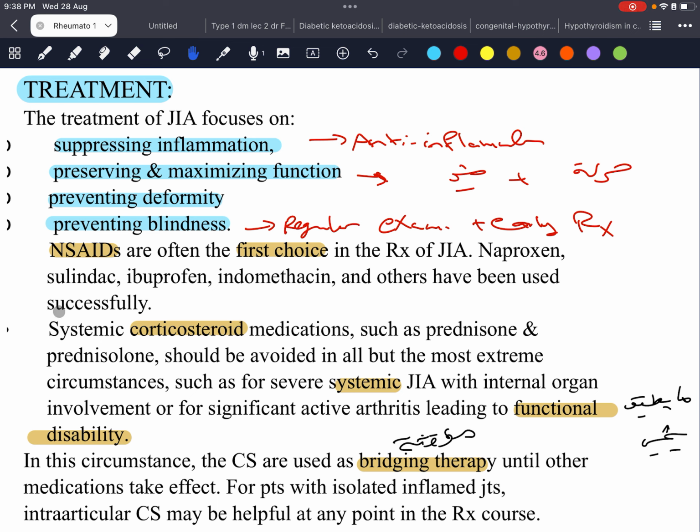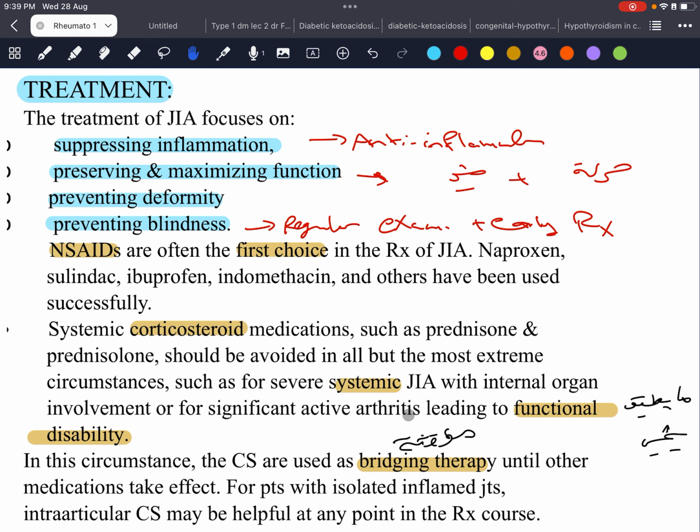The first choice is non-steroidal anti-inflammatory drugs like naproxen, indomethacin, and ibuprofen. Corticosteroids are usually not used, but are used in some cases, like severe systemic manifestation, functional disability where the child cannot walk, or internal organ involvement like hepatosplenomegaly in systemic onset juvenile idiopathic arthritis. We use a steroid, but it is temporary. It is called bridging therapy, until other medications take effect.